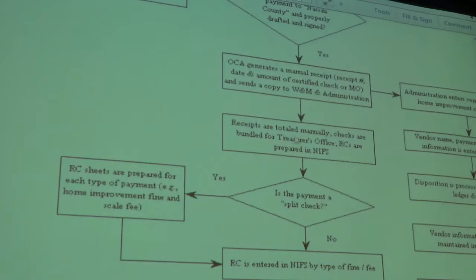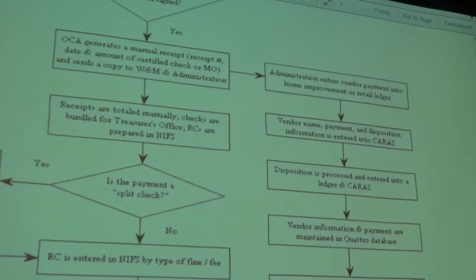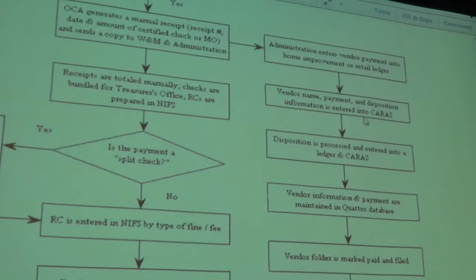The receipts are totaled manually. So it's very labor intensive. If you look at this process, there are multiple folders, multiple sets of data, and the revenue is recorded in multiple ledgers, some of which can be eliminated if things are automated.